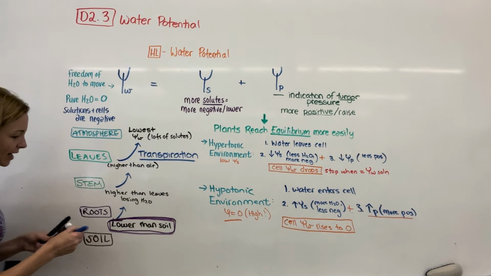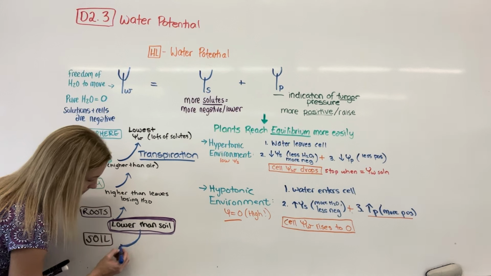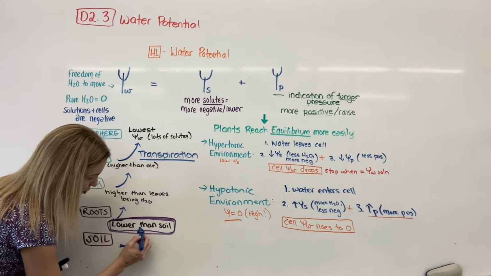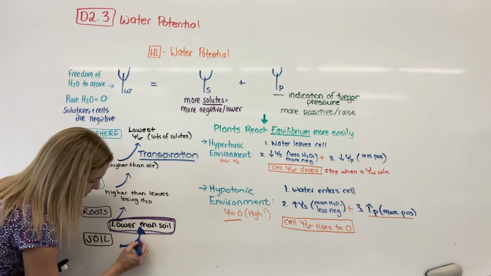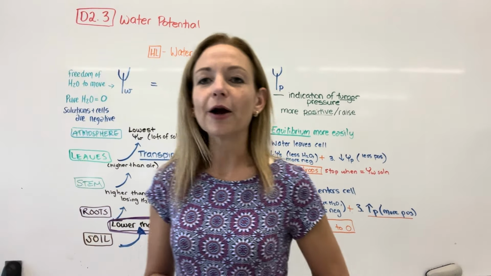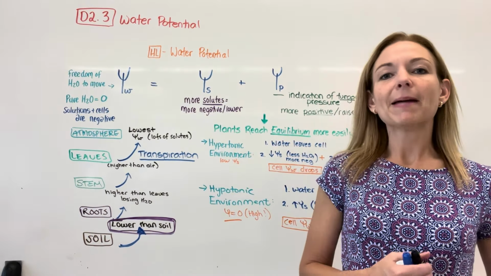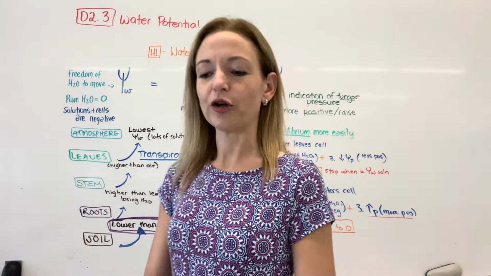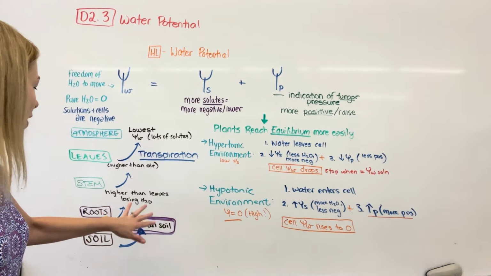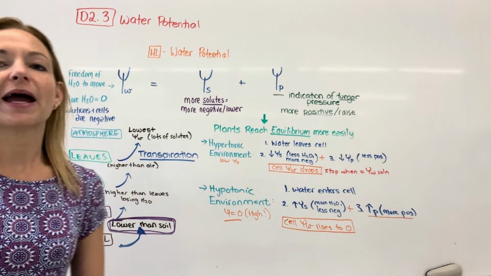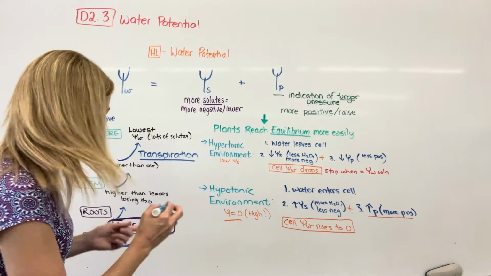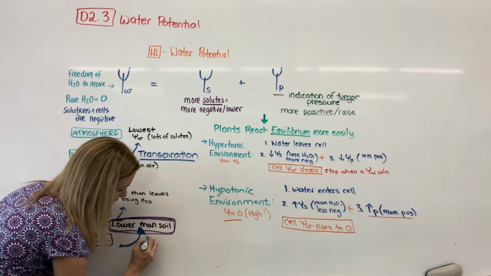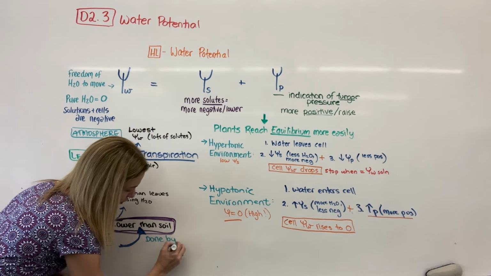So this is what I need to happen: I need the roots to have the lower water potential so that the water can go in from there. And the way that that is managed is by moving solutes into the roots. So this is done by active transport of minerals.